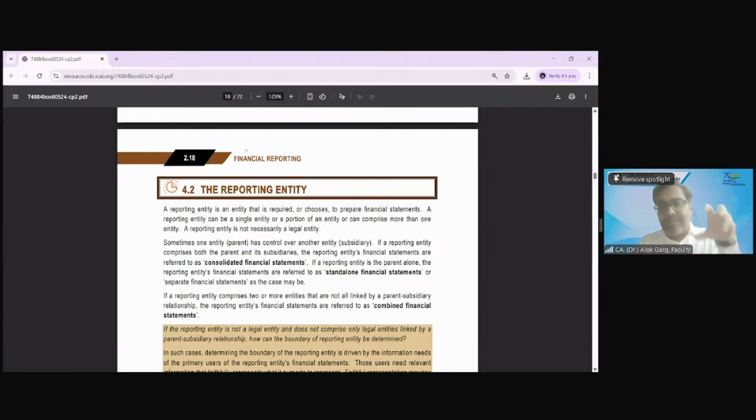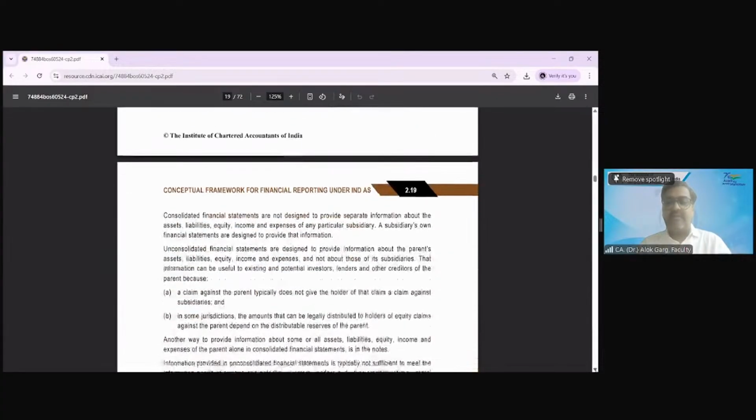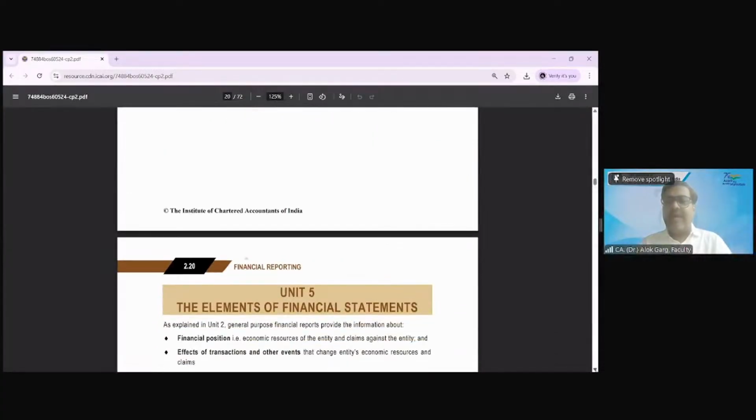If a reporting entity comprises both the parent and the subsidiaries, its financial statements are referred to as consolidated financial statements. If the reporting entity is the parent alone, its financial statements are referred to as standalone or separate financial statements, as the case may be. So these are the concepts: consolidated and unconsolidated financial statements.